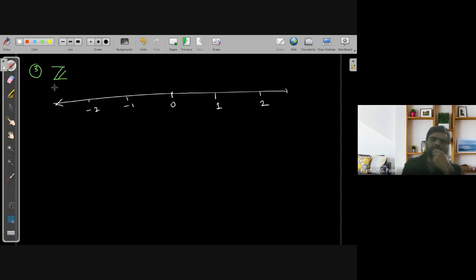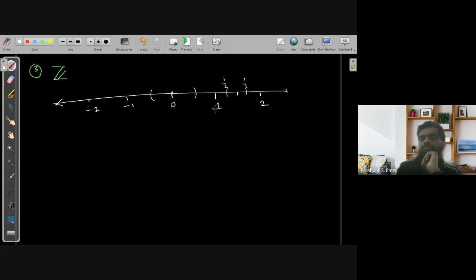Can I say 0 is a limit point of Z? No, sir. No, because you can have a neighborhood of 0 which does not intersect Z. In the same way, 1 is not a limit point, 2 is not a limit point. What about any point in between, between 1 and 2? If I pick any point x between 1 and 2, you can have a neighborhood of that with radius 1 by 2.